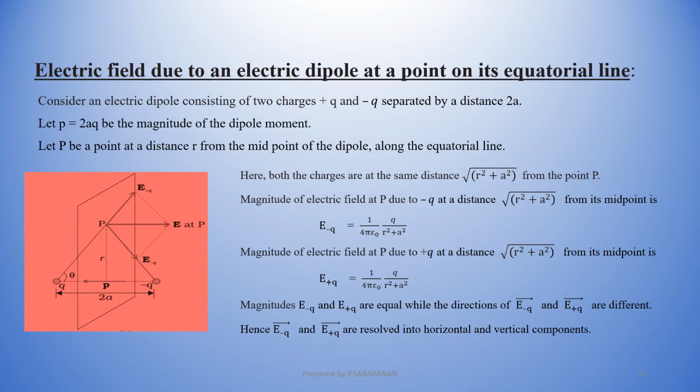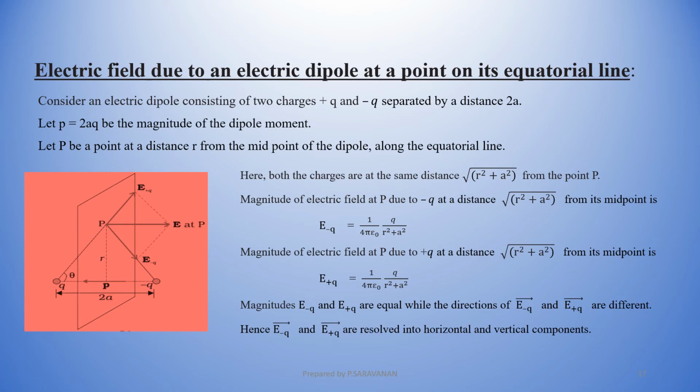Let capital P be a point at a distance small r from the midpoint of the dipole along the equatorial line. Before getting into the derivation, just you all look at the diagram, please. Can you see the two charges plus q and minus q? Are they separated by distance 2a? Good. Can you see the vector P which is acting from minus q towards plus q?